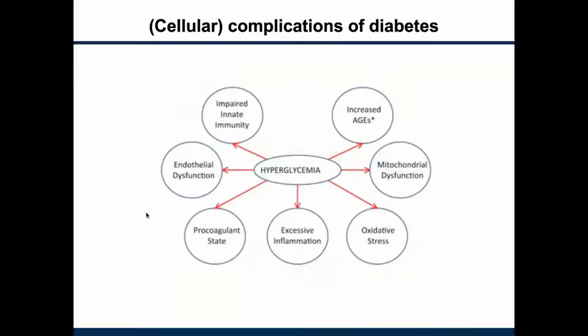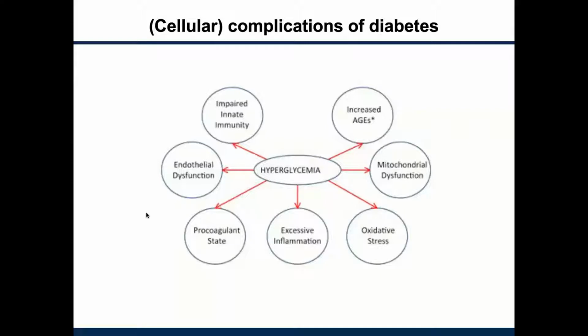So at a cellular level, hyperglycemia results in many different effects on cells. For example, there is an increased production of AGEs, of advanced glycation end products. There is also mitochondrial dysfunction that goes in hand with oxidative stress. There's excessive inflammation going on, endothelial dysfunction, and also impaired innate immunity.